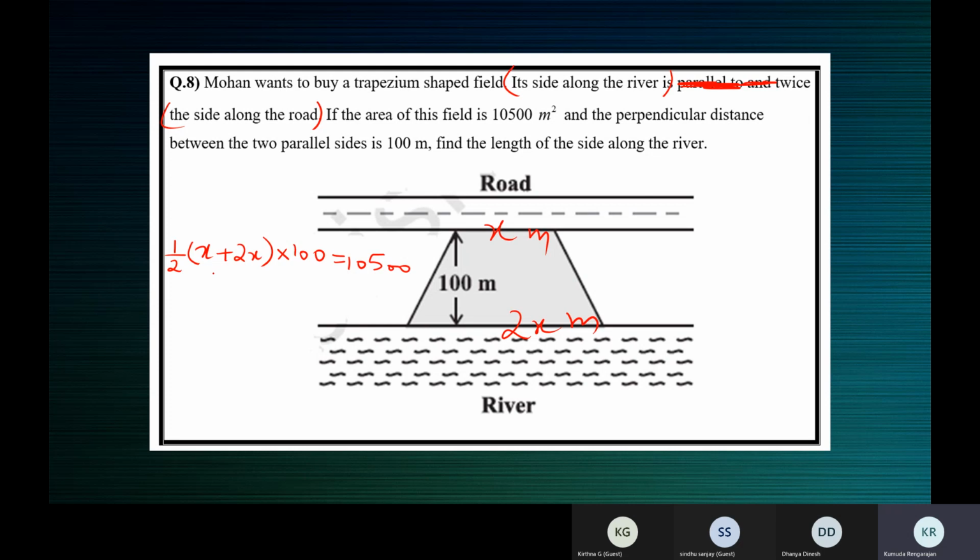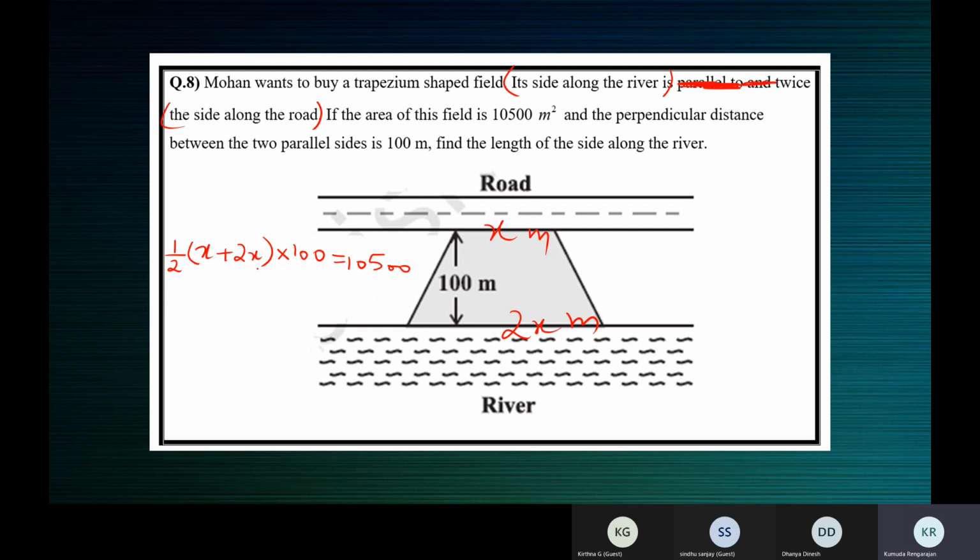You cannot have some in centimeter, some in meter. x meters, 2x meters, 100 meters, 10,500 meters square. Meter is important. Area, so meter square it is. In an equation, both the sides must have the values in the same unit. Meter, centimeter, kilometer should be the same throughout.